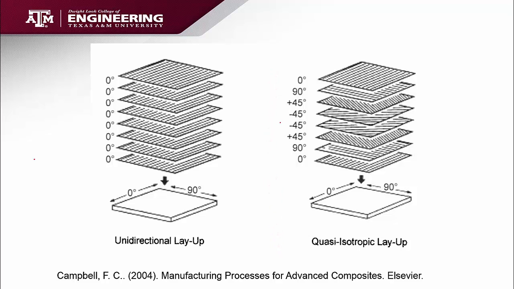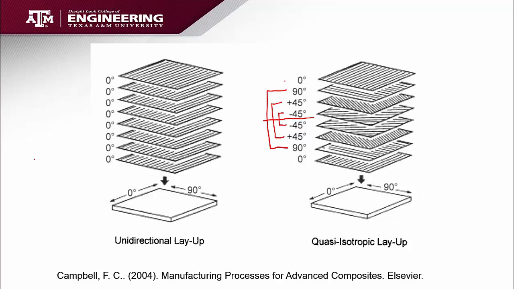If we look at the quasi-isotropic layup, we can observe several things about the way the fibers are oriented. First, if we find the midplane, we notice that it's symmetric. That is, it has a mirror symmetry. At the same distance from the midplane, we have fibers at the same angles.